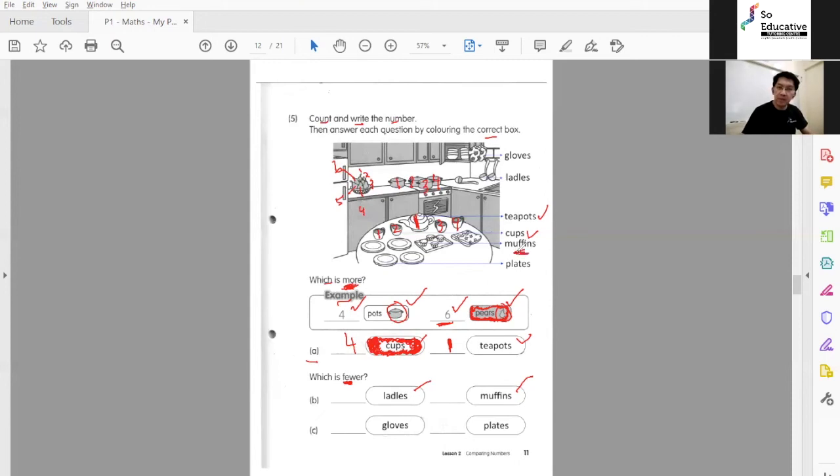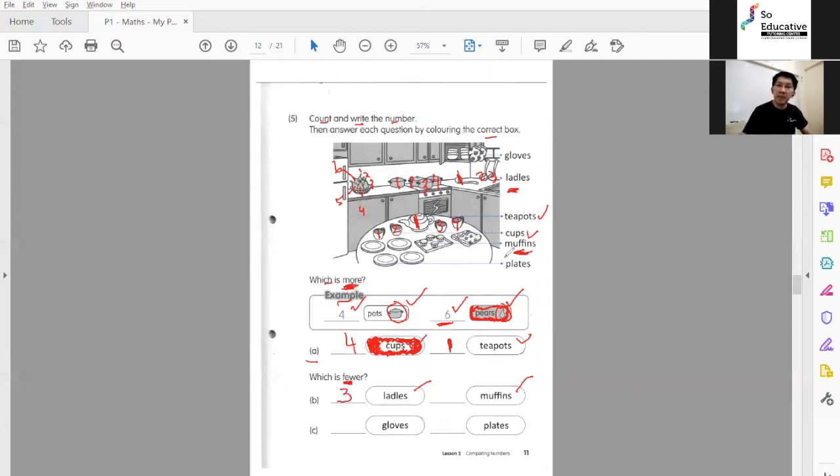Here are the muffins and here are the ladles. So let's start with the ladles first because it's on the left. That's easier. Okay, let's start with the number of ladles. So let's count together. That's 1, that's 2, and that's 3. So there are 3 ladles. I'm just gonna write down 3 here.